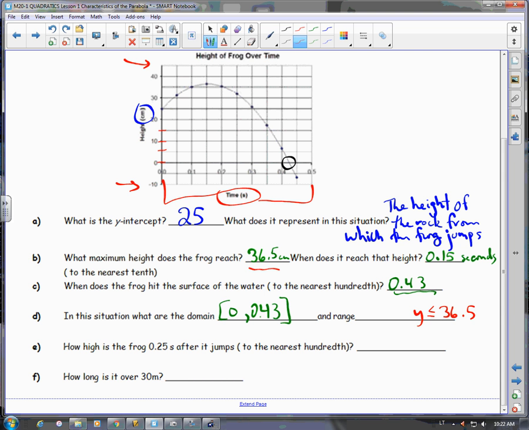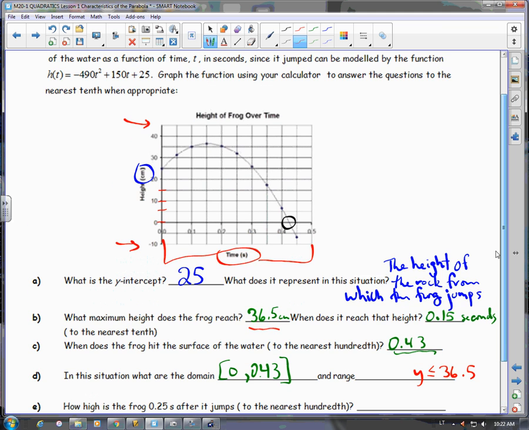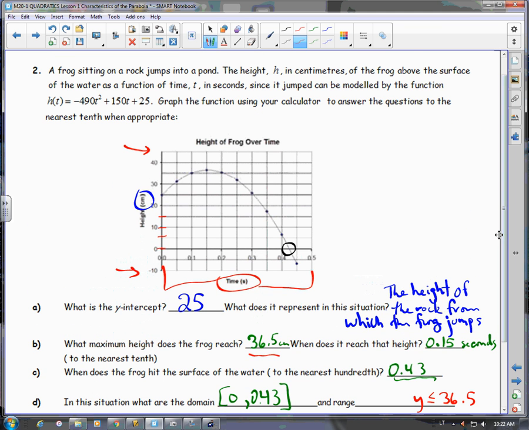Okay, now, so here's a bit of a contextual question. The height h is the height above water. When a frog jumps through the air, gravity acts on it in a particular way. When it hits the water, does gravity act on it in the same way? And the answer is no.